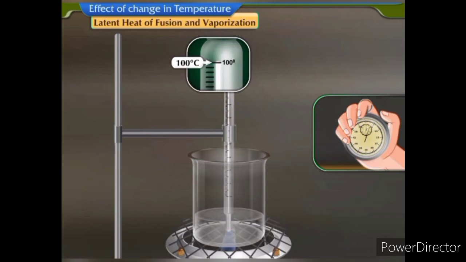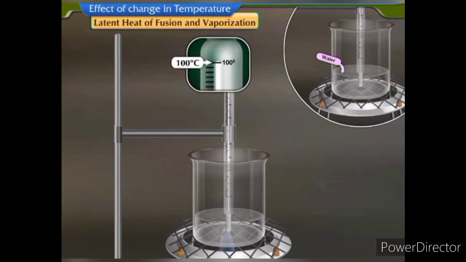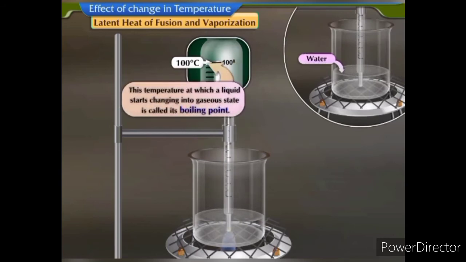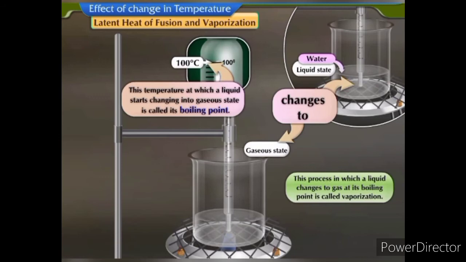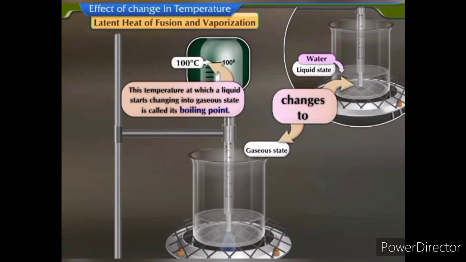Thereafter, it becomes constant. This temperature at which a liquid starts changing into gaseous state is called its boiling point. This process in which a liquid changes to gas at its boiling point is called vaporization. At this temperature, water begins to boil and gets converted into steam.